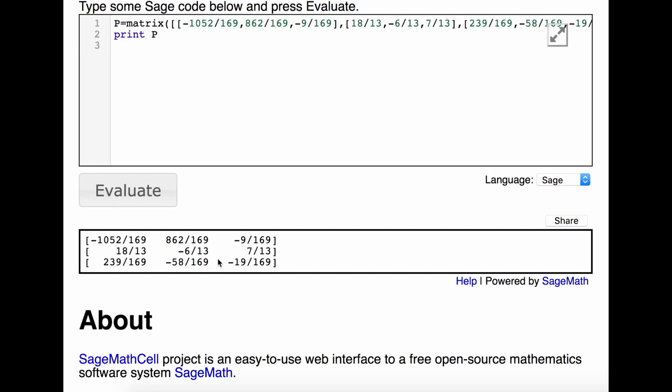This is the conversion matrix from coordinate vectors with respect to B into C. So all I have to do is take this matrix and multiply by the given vector with respect to basis B, and I'll have coordinates with respect to C. So I need my vector V, and we'll call that a matrix with coordinates 2, 0, -1.